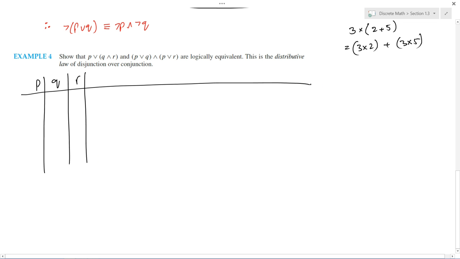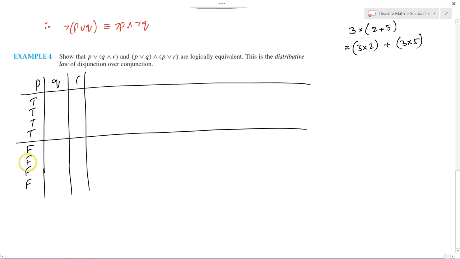And let's start with the truth values of P. Now I need to create all the possible combinations of true and false for these 3, and the best way to do it is to have 4 true values and 4 false values dedicated to variable P. Then for Q we alternate every 2: true, true, false, false, then again true, true, false, false.